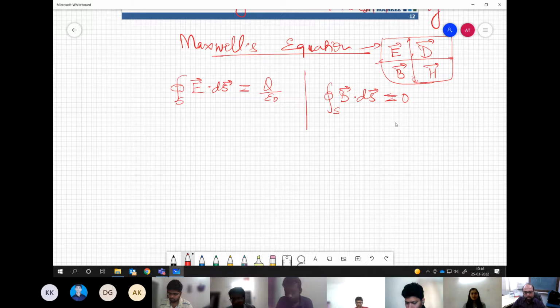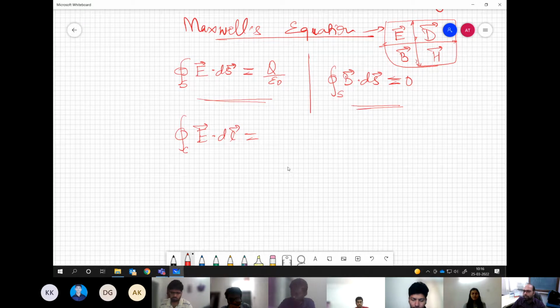Now, the other two equations could be, if instead of a closed surface, you go for only a closed contour and try to do the same thing. Now what is this?